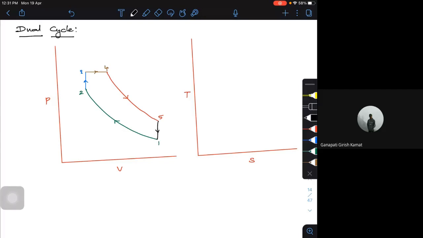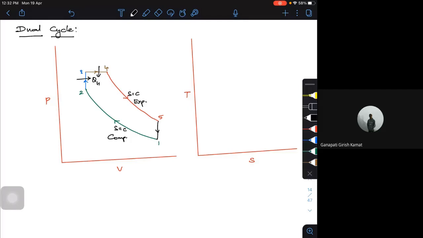So this is your dual combustion cycle. Here isentropic compression, here isentropic expansion, and here I have heat addition QH, and here also I have QH.